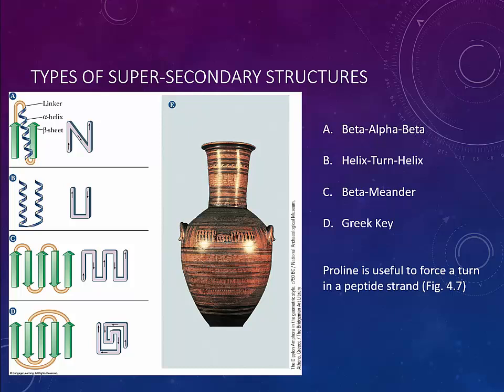The beta meander, or simple anti-parallel beta system, and the Greek key, which is a complex anti-parallel beta system. Note that the linkages between the beta sheets, helices, etc., shown in yellow on this figure, are all unstructured amino acid spans. These can take the name random coil, referring to their lack of overall organization.